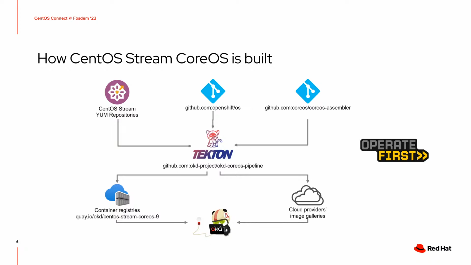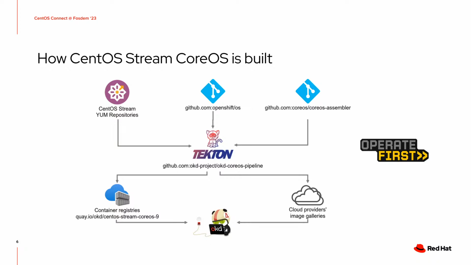It contains the rpm-ostree manifests that essentially list all the RPMs that we want to have in the image. And then we have the CoreOS assembler, which is the tool we use to run the rpm-ostree builds. CoreOS assembler is also called COSA. So if you hear COSA, it's CoreOS assembler.